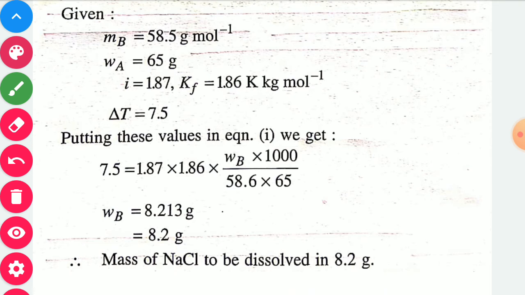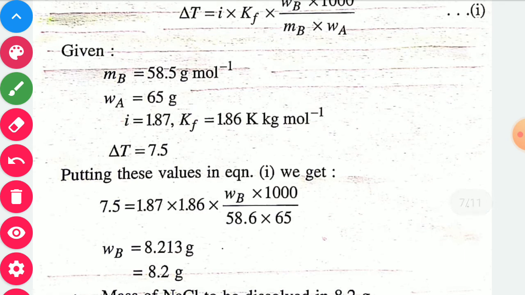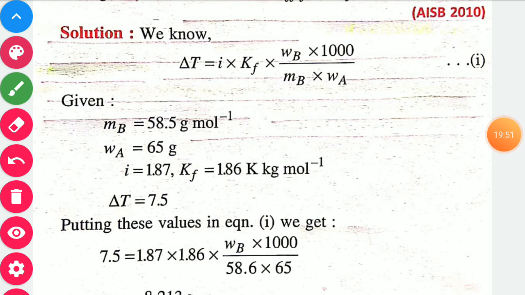So if we put these values, then we get 7.5 is equal to 1.87 into 1.86, where 1.86 is the value of the depression constant and 1.87 is the value of the van't Hoff factor, into Wb, we have to calculate, that is mass of solute, into 1000 upon 58.5, that is the molar mass of sodium chloride, into 65, that is the mass of solvent.